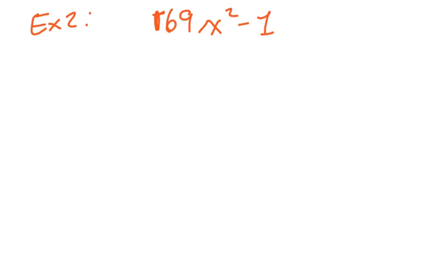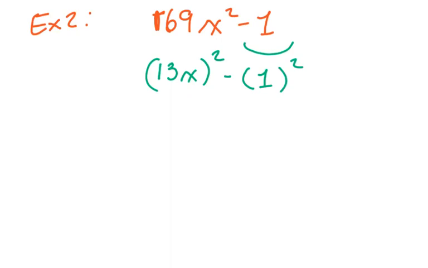The tricky part about this one is this minus 1. 1 is actually a perfect square, because 1 times 1 is 1. So we can rewrite this as (13x) squared minus 1 squared.